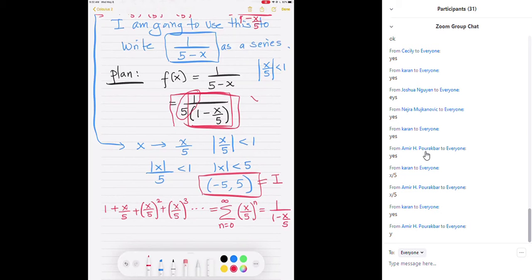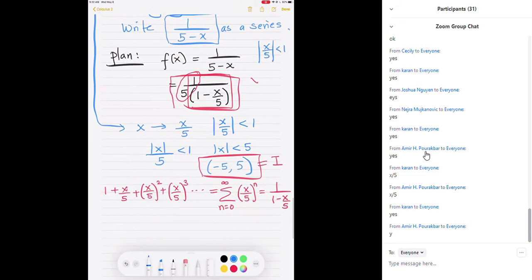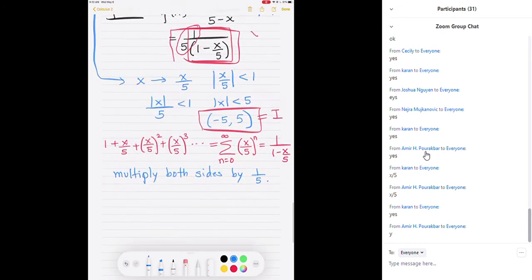That doesn't look like my function. So now I'm going to multiply both sides by 1 over 5. Remember it's just 1 over 5 times this whole thing. So I get, I'm going to write something. You're going to tell me if that makes sense.